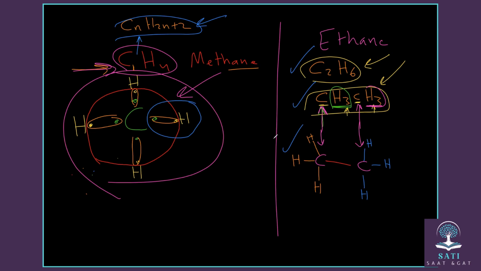Why do we call alkanes saturated? Because they have only single bonds. That means all the bonds are single. No double bond, no triple bond in alkanes. So we call it what? Saturated. If there is a double bond or triple bond, the compound is then called unsaturated.